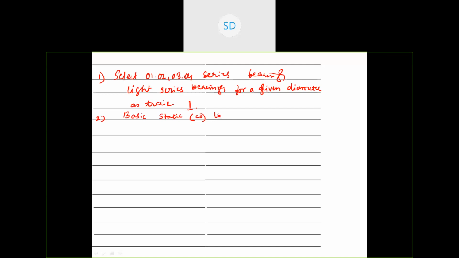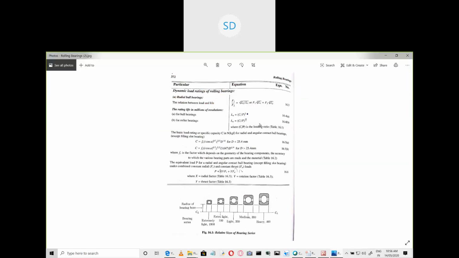Where can you get these two? You can get these two from a table. Let us go for the example. I will go for table number 16.9 here. Let us see what is there in that table.